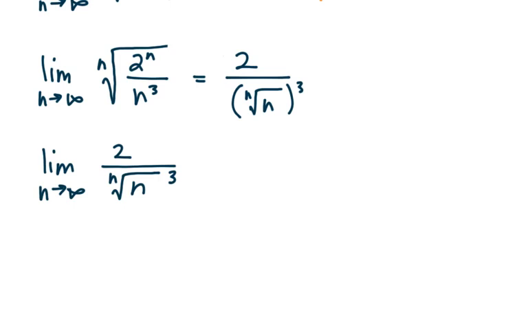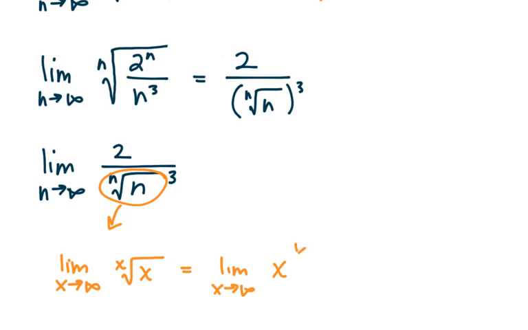So I'm going to pull a little problem out of here. We're just going to think about just this. And so I'll say, the limit as maybe x approaches infinity of the xth root of x. And that could be the same as writing the limit as x approaches infinity of x to the 1 over x.